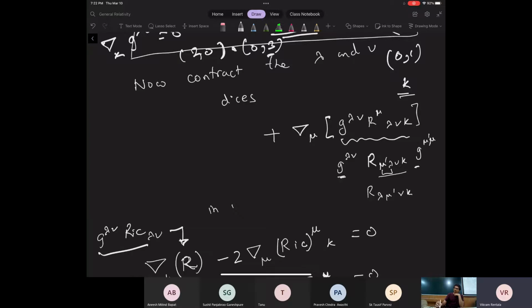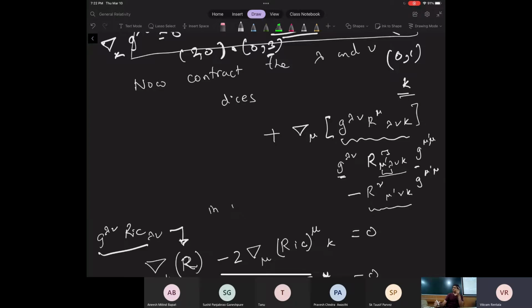This g lambda nu raises this lambda index and makes it a new index. So this is now r nu mu prime nu kappa, but there's a minus sign. The minus sign is because I exchanged these two indices, and the Riemann tensor is antisymmetric when I exchange those two indices.